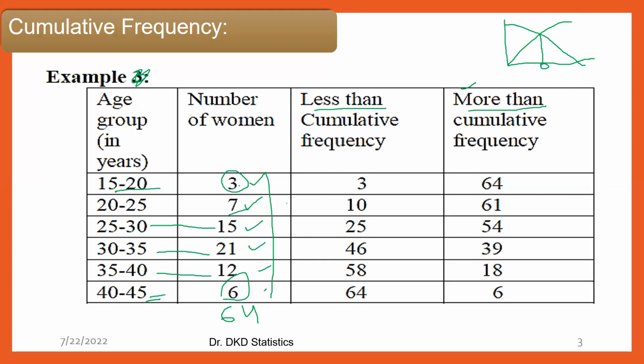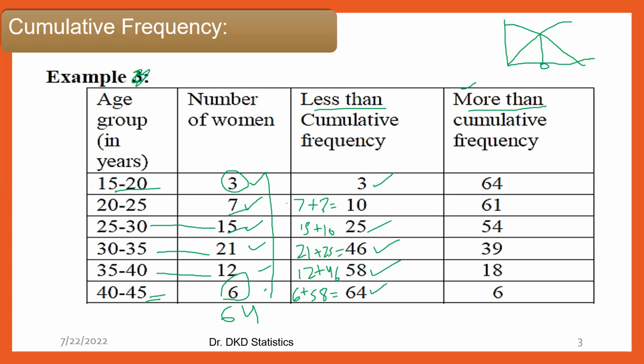First we take the first class interval's value, that is 3, and then the next value, 7, plus 3, which equals 10. Next we take 15 plus 10 to get 25, then 21 plus 25 gives 46, then 12 plus 46 gives 58, and then 6 plus 58 gives 64. This is the less than cumulative frequency column.